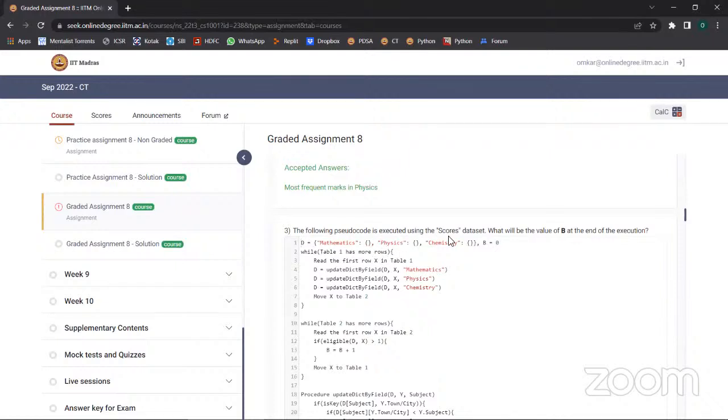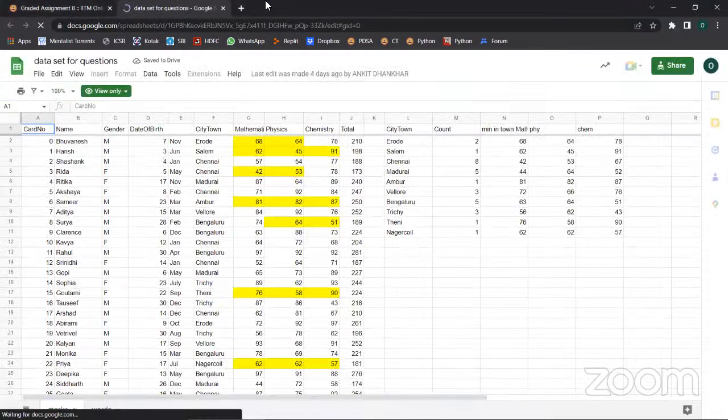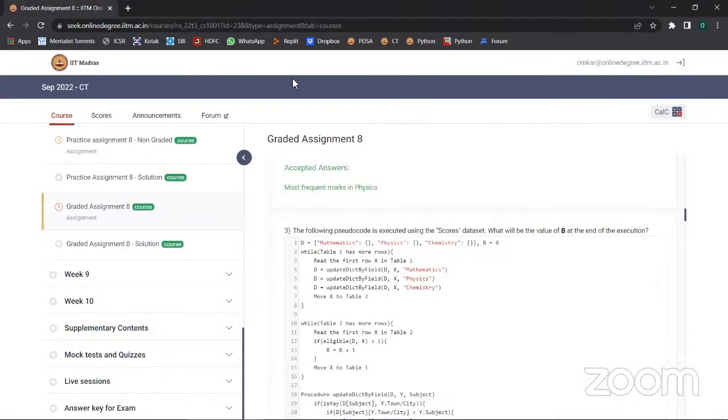Correct? Yes, correct. And under mathematics, cities. And the mathematics within that dictionary will contain the cities with higher marks. Yes, correct. Okay, so what you are saying is correct. Under mathematics, for each city, the maximum marks of mathematics will be stored.